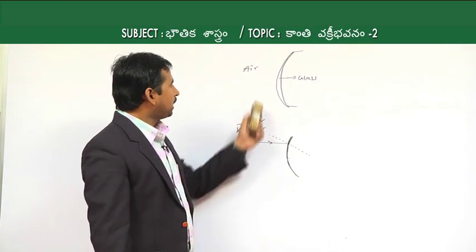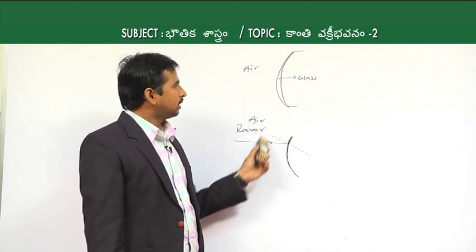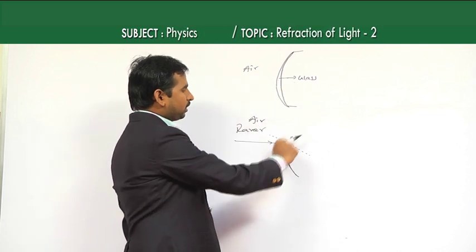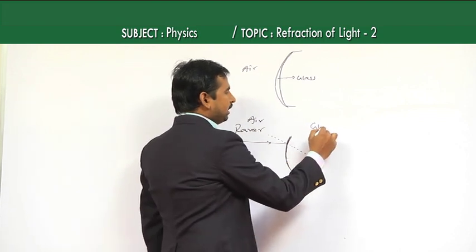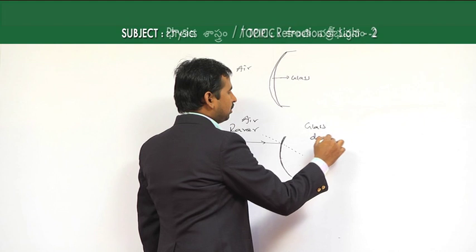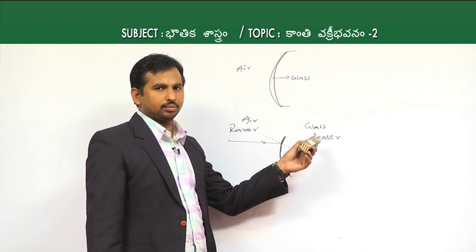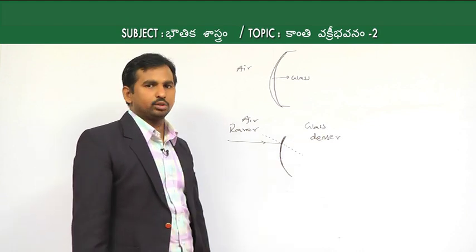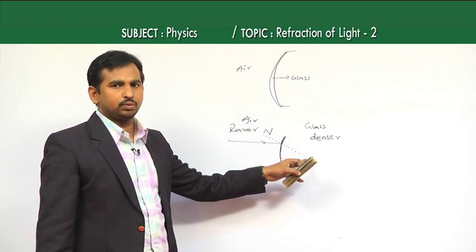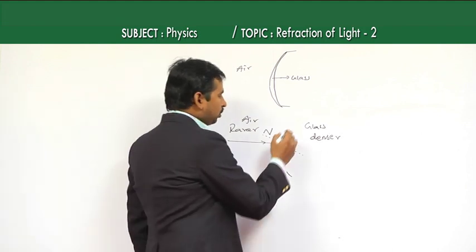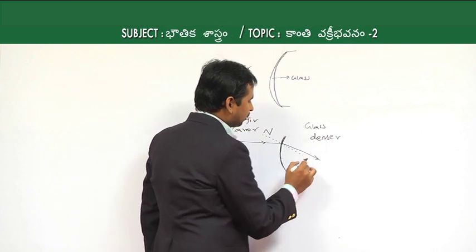Now, the light ray starts from air, which acts as a rarer medium, and once it enters the glass on the right side, which is a denser medium, as the light ray is coming from rarer to denser, the light ray always bends towards the normal. For this curved surface, these dotted lines represent the normal, and the light ray bends towards the normal like this.